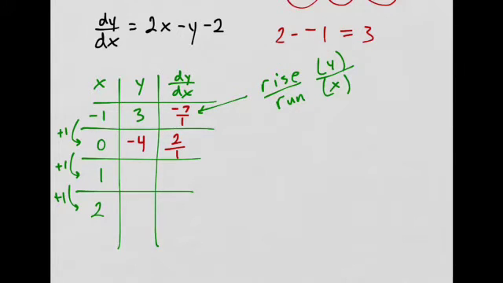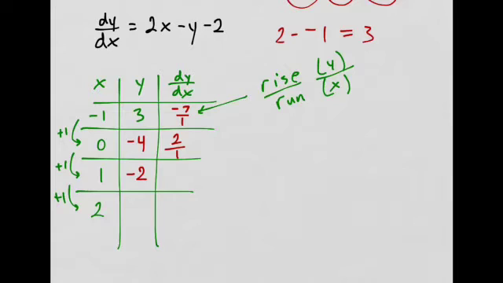I'm just looking at the change in x, and for every 1 that I move for x, I do the rise for the y. That's plus 2. So I take negative 4 plus 2. That's negative 2. And then, how do I get my dy dx? I plug it in.